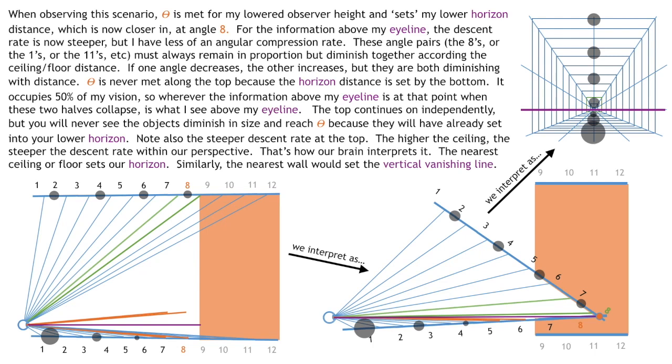So if we collapse our diagram here and press the image downward along the top and upward along the bottom to reach an essentially horizontal line, you see that along the bottom, the angle 8 doesn't have to travel very far to get to the purple line, but the angle 8 above has to travel quite a bit more to do that.